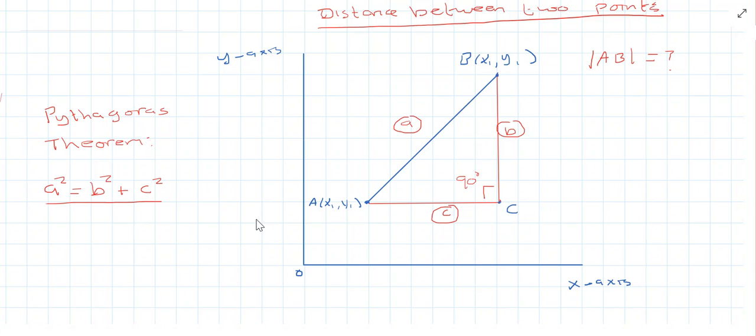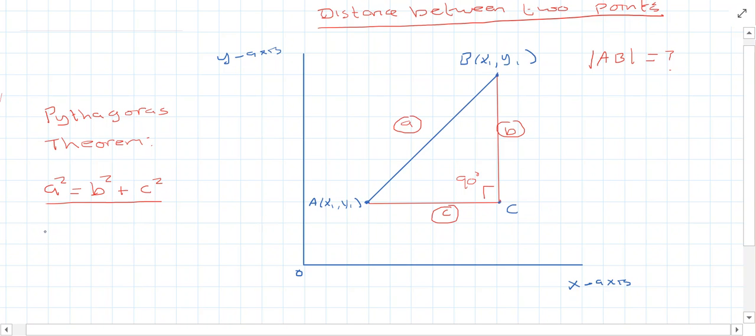Now, what we can work out from this is that AB squared, that's just your line from here to here, is going to be equal to AC squared, so that's the line from here to here, plus BC squared, that's from here to here.